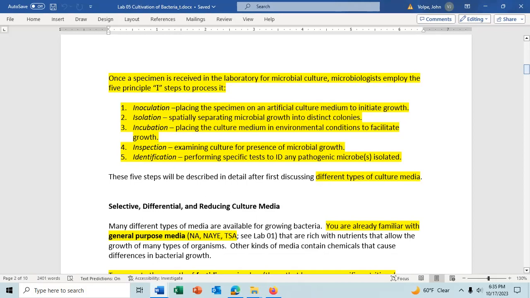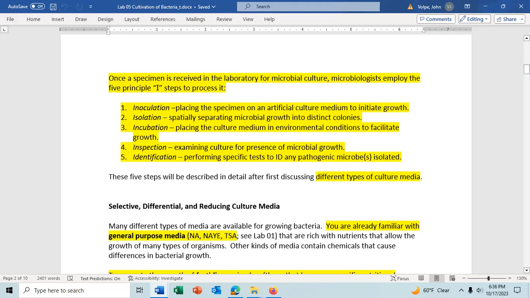And then 3, incubation, placing the culture medium in an environment with conditions to facilitate growth. 4, inspection, examining the culture for the presence of microbial growth. And then lastly, identification, where you perform specific tests to ID any pathogenic microbe that is isolated.